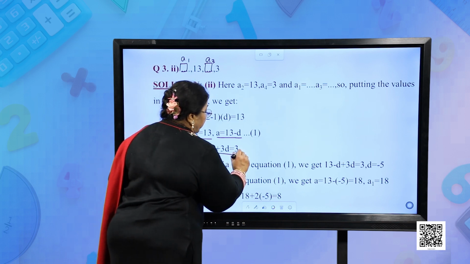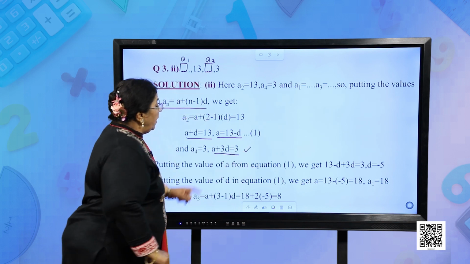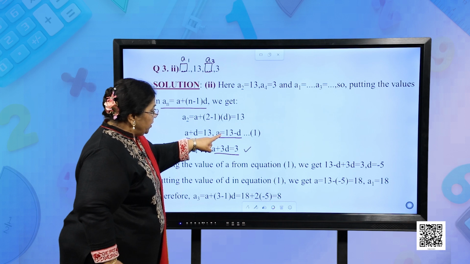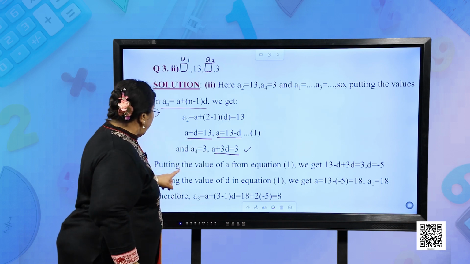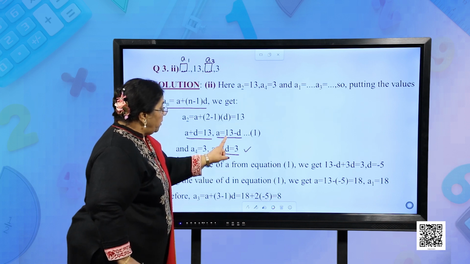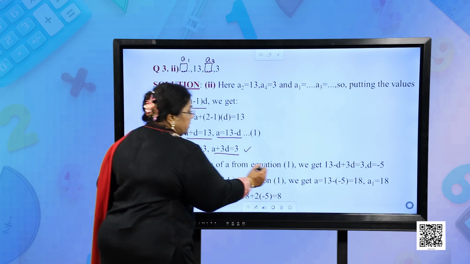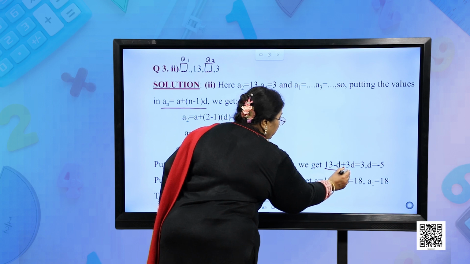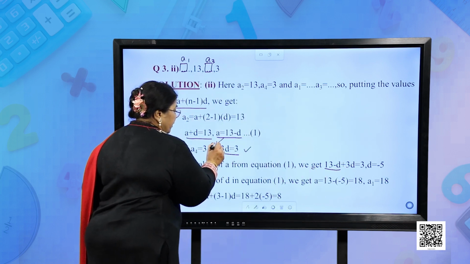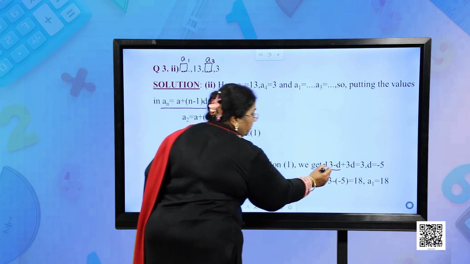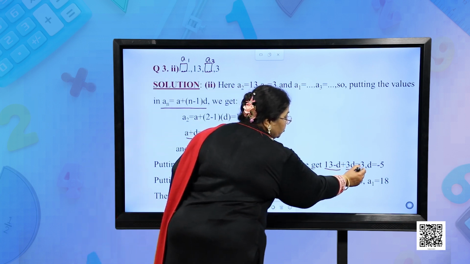Likewise, we have two equations here. I will take the value of A from first equation and I will substitute in second equation here. So, what do I get? Putting the value of A from equation 1, it becomes 13 minus D plus 3D. Look here, for A, I have written 13 minus D. 13 minus D plus 3D is equal to 3.